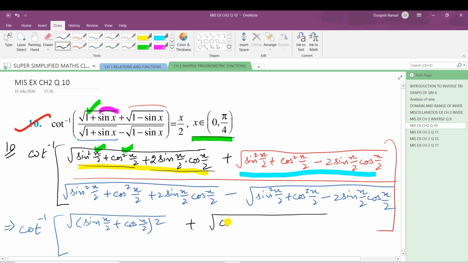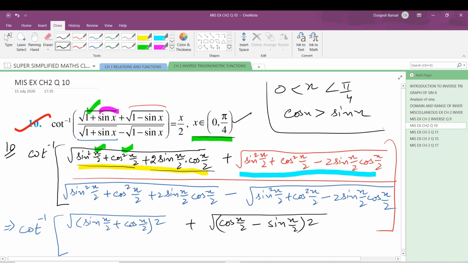But why I am choosing cos x by 2 minus sin x by 2 here is because it is given that x is between 0 and pi by 4. In this range, cos x is greater than sin x.